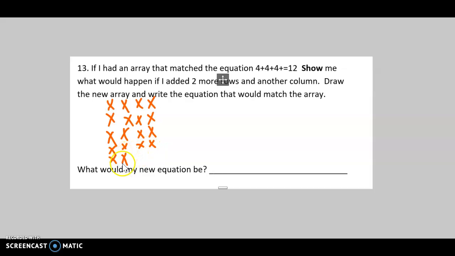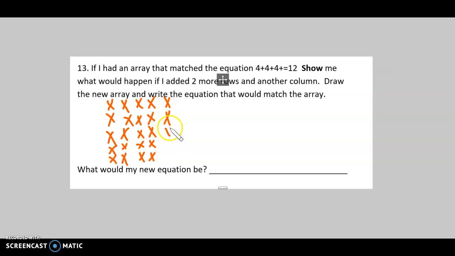Again, I could also use circles to do my array. Then I have to add another column. So now I'm going to add in my other column.